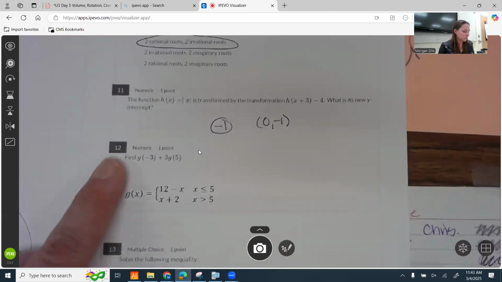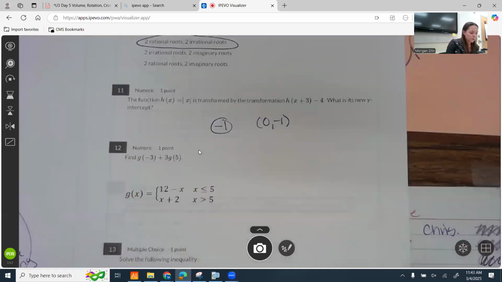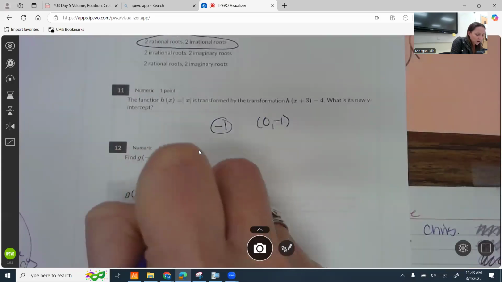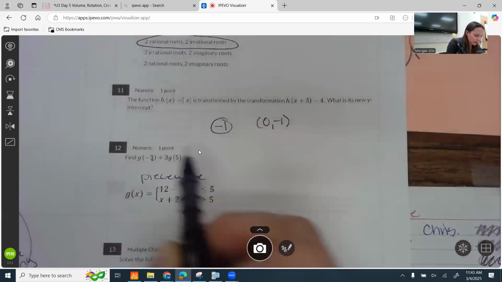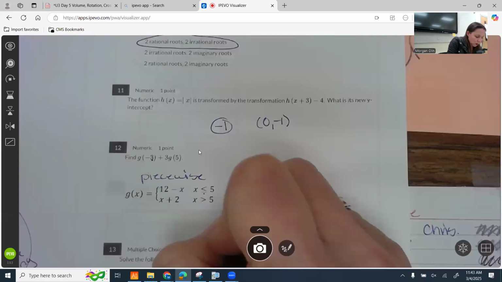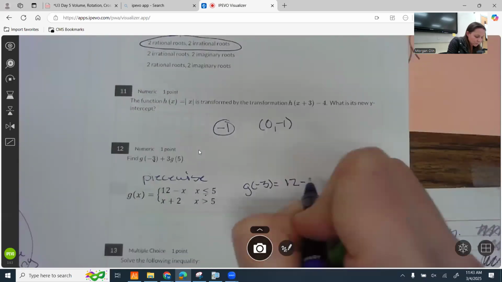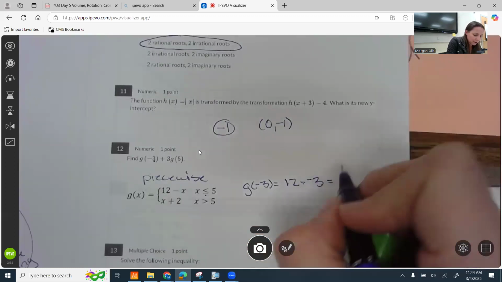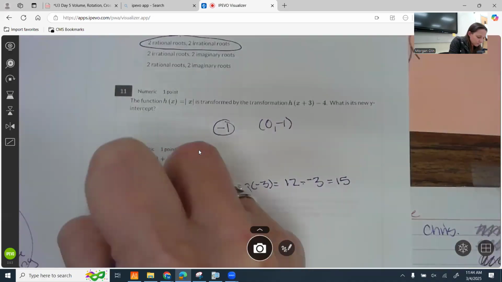All right, now number 12, find g of -3 and g of 5. Remember, this is a piecewise function. We talked about this in unit 1. You can do this by hand because -3 is less than 5. So to find g of -3, I would plug -3 into the first piece. Now notice it's 12 minus -3, which gives us 15. So this part is 15 plus.